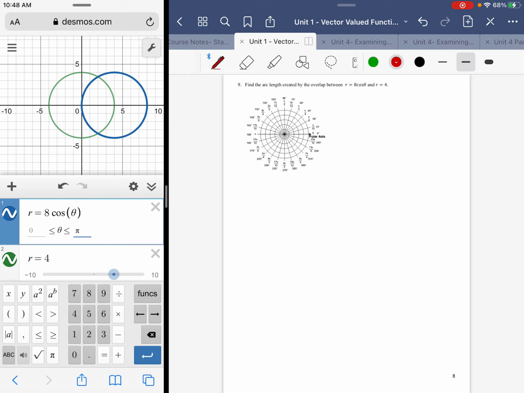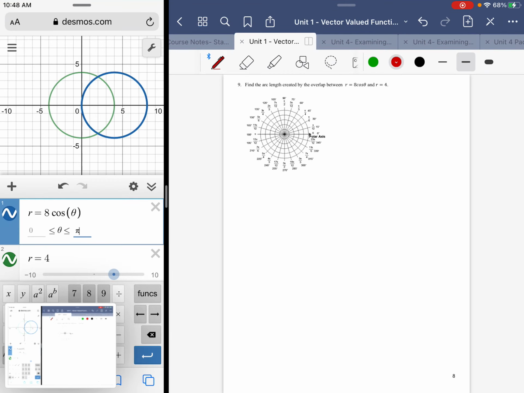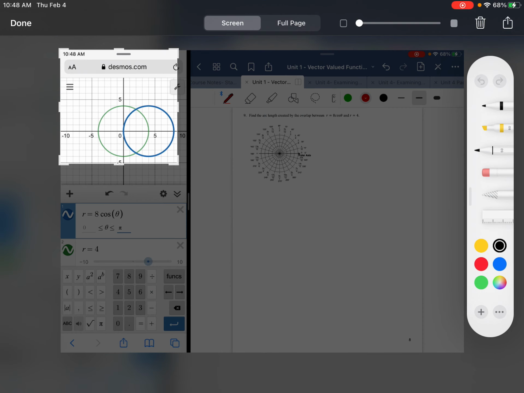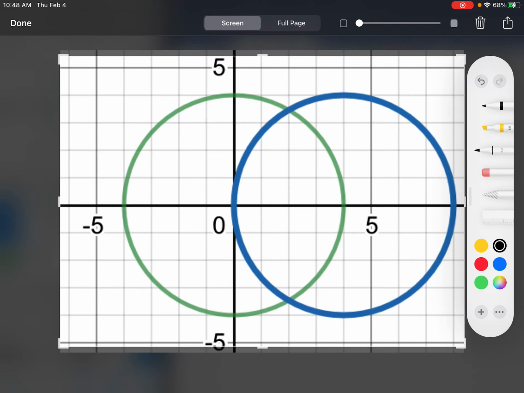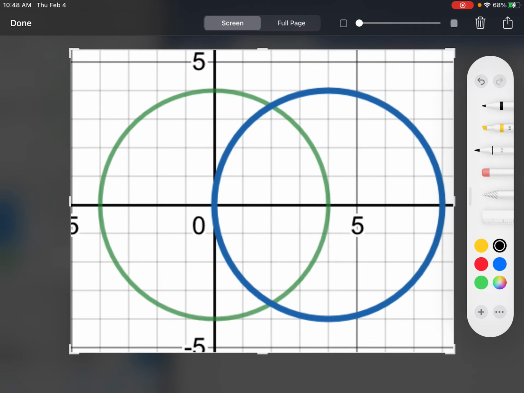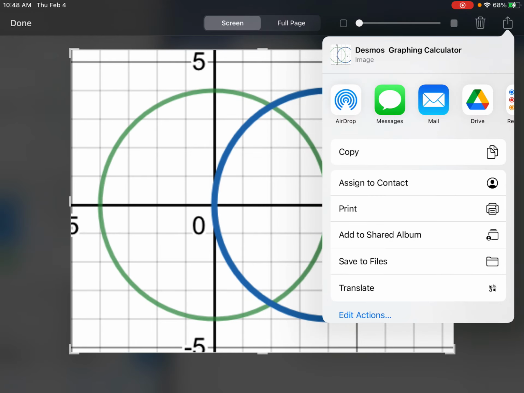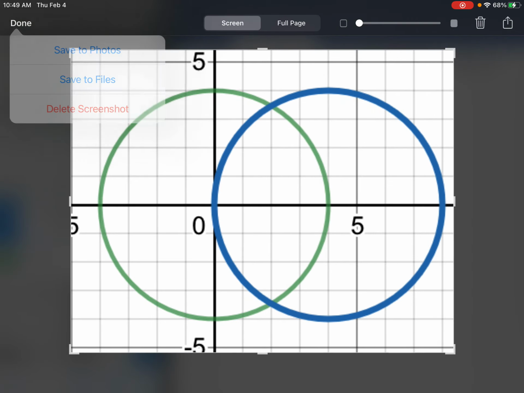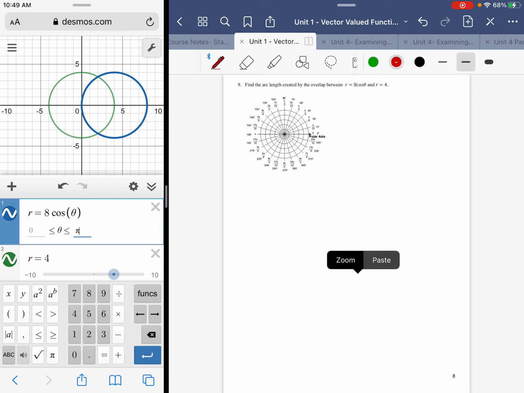All right, so what I'll do is I'll get a little snip, crop this, a little bit more cropping. I'm not going to keep that one.